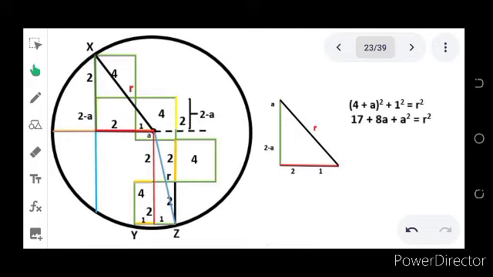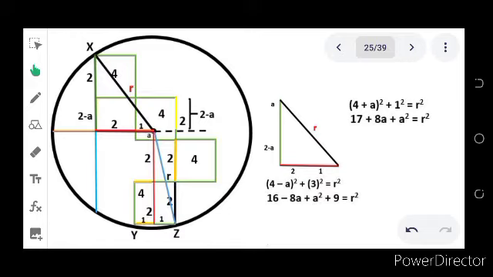And then R. So we solve for the radius using the Pythagorean theorem. This is now 4 minus A squared plus 3 squared equals R squared. Simplify, and that will give you 16 minus 8A plus 9 equals R squared.